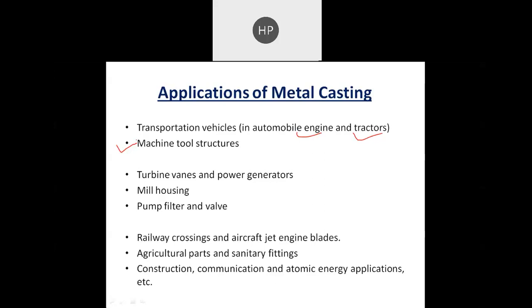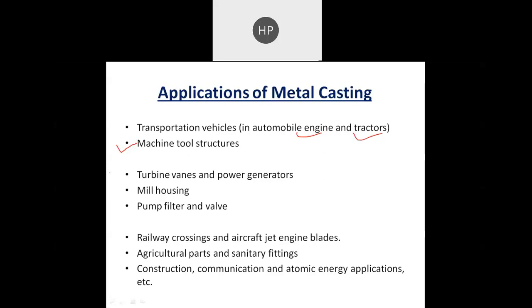So your machining operation can be improved, with good surface quality, and all other parameters can be easily controlled during machining.